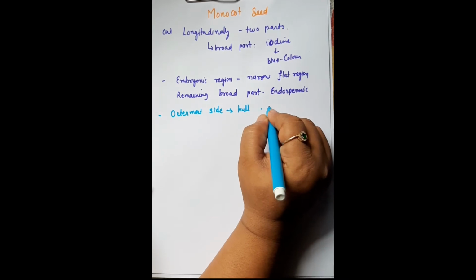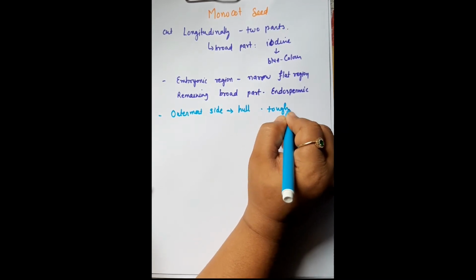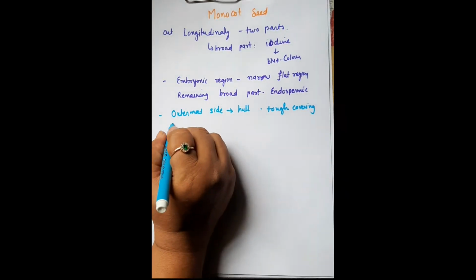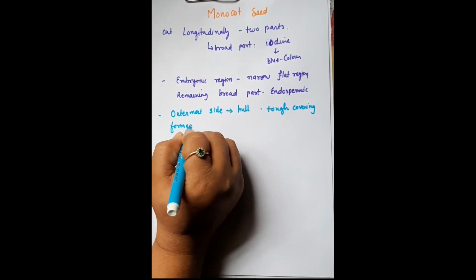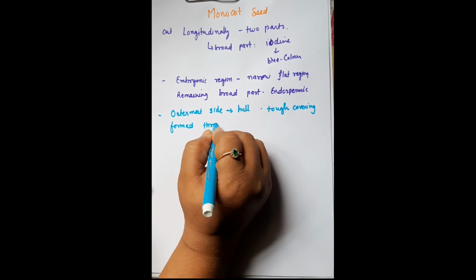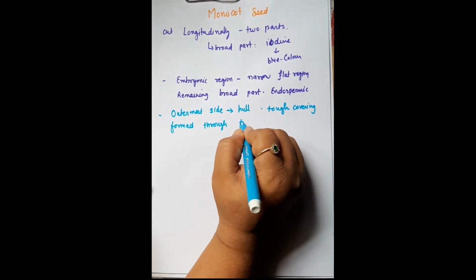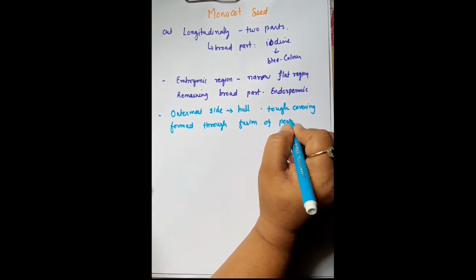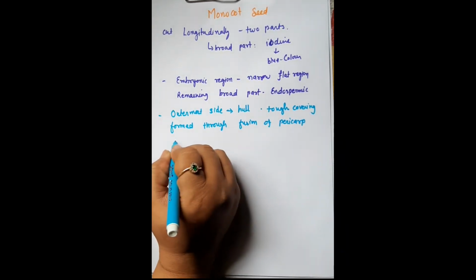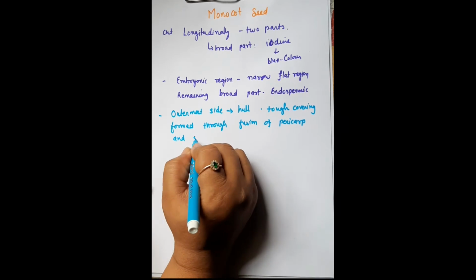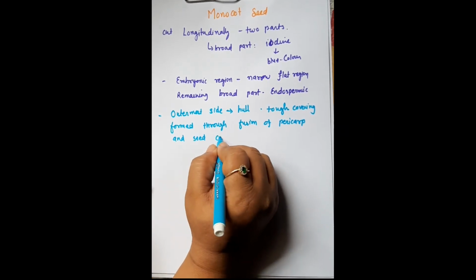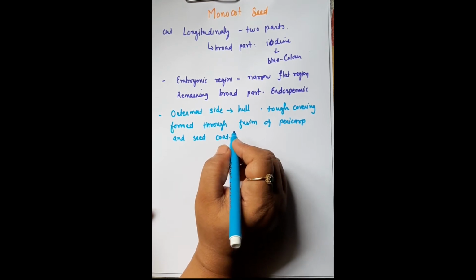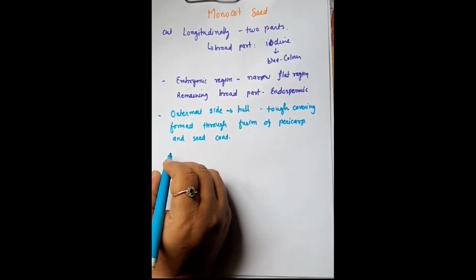Hull is a tough covering and it is formed through the fusion of pericarp and seed coat. When the seed coat and pericarp fuse, the layer that forms is called the hull.